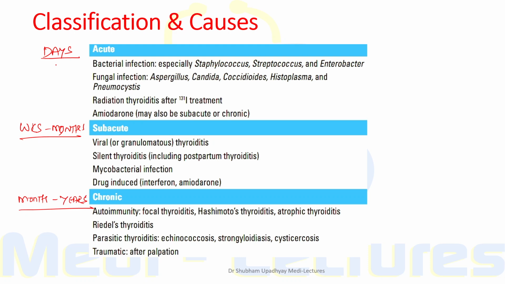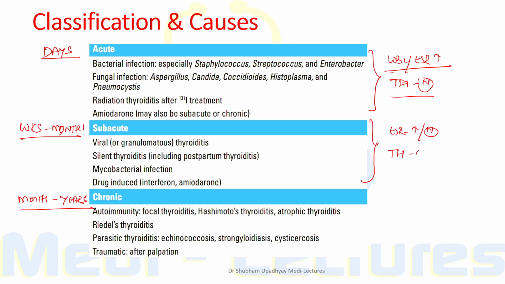Let's try to remember some important points first. In acute thyroiditis, since it is most commonly due to suppurative infection, the WBC count and ESR will be high, but the thyroid function test will be normal throughout. In subacute thyroiditis, the ESR can be high or normal, but the thyroid function test will be abnormal as per the stage of thyroiditis.